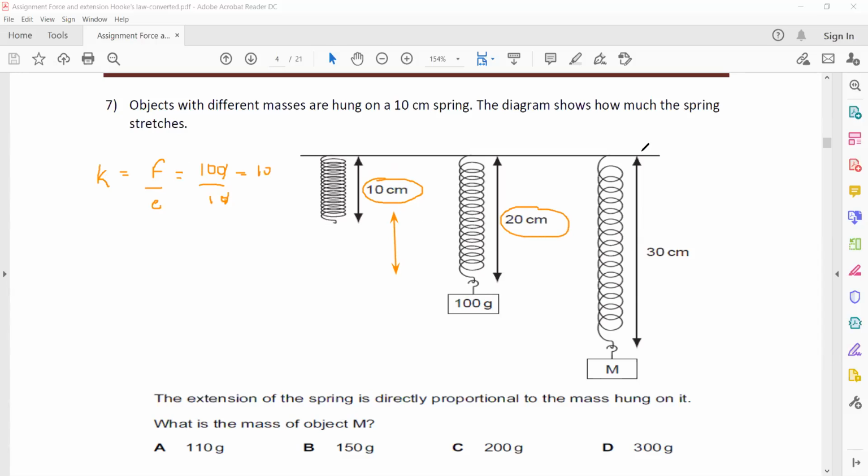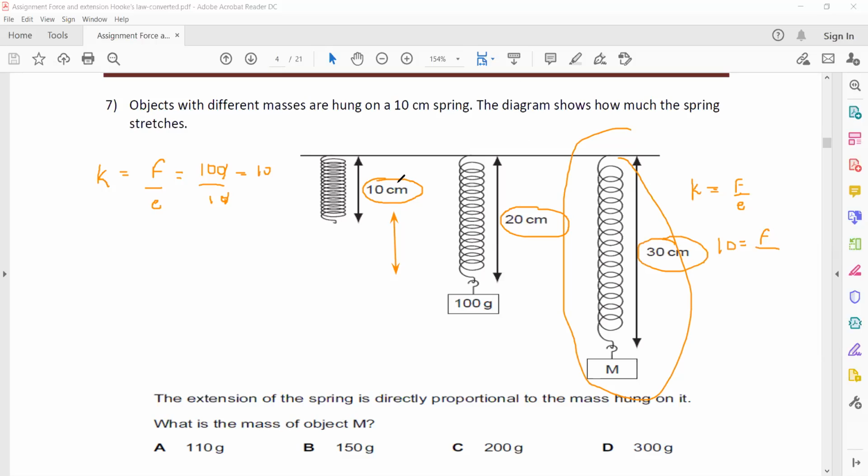Now, if I use the third formula, meaning the third spring, for the third spring also K equals F divided by E. So K equals 10. F is the force which we are finding. And what is the extension? Its length is 30 centimeters.